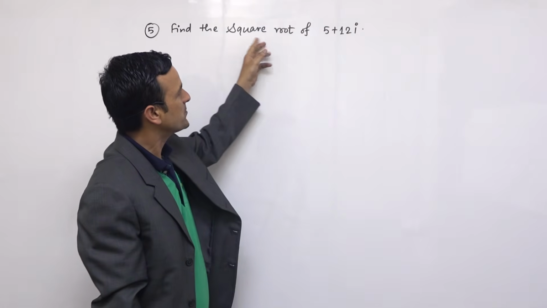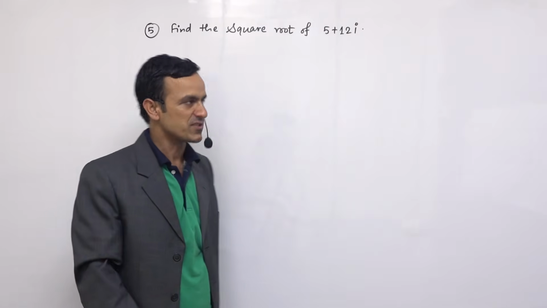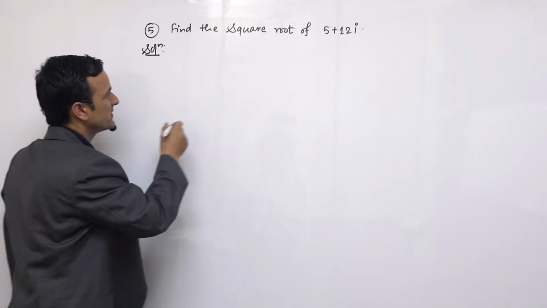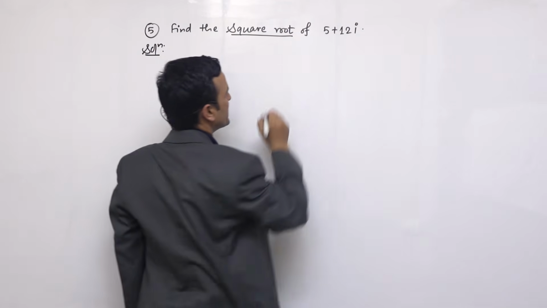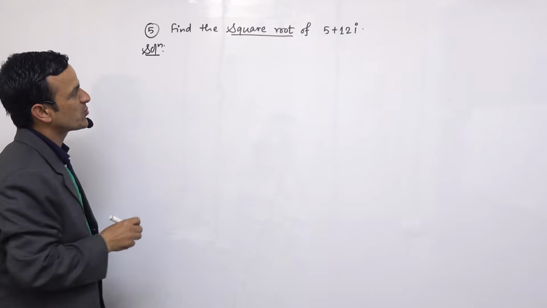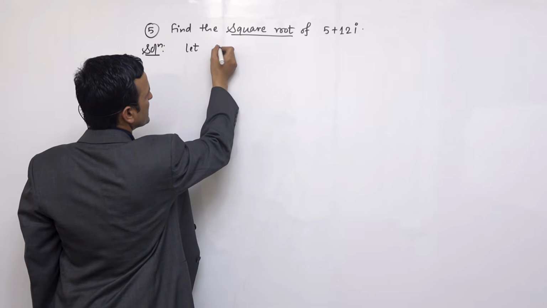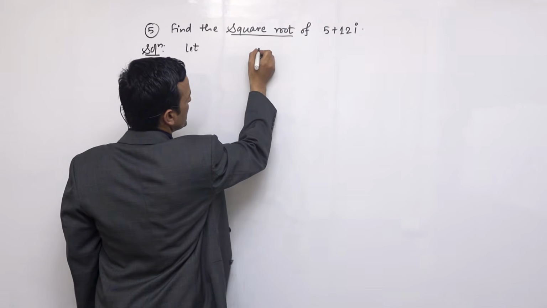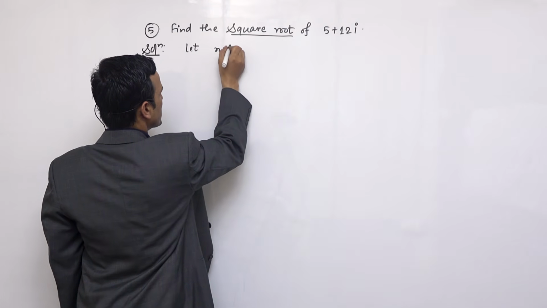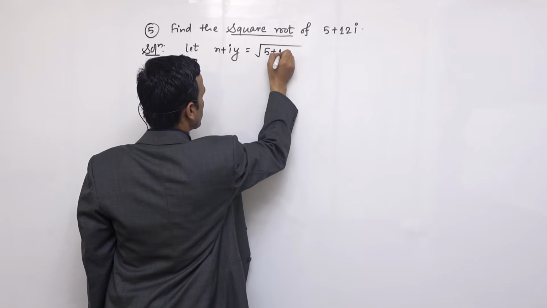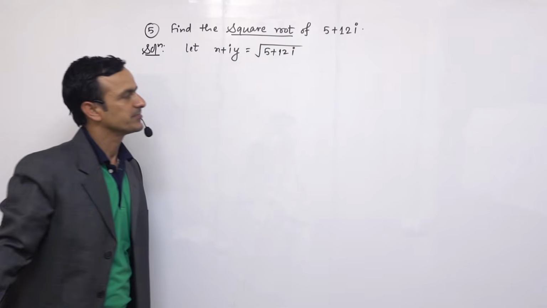We have another question: find the square root of 5 plus 12i. So let's solve the question. Here square root is given, so how to find the square root? So let the square root of this be x plus iy, equal to root under 5 plus 12i.